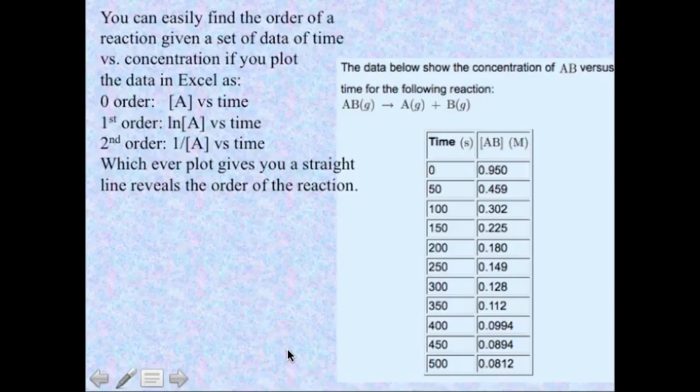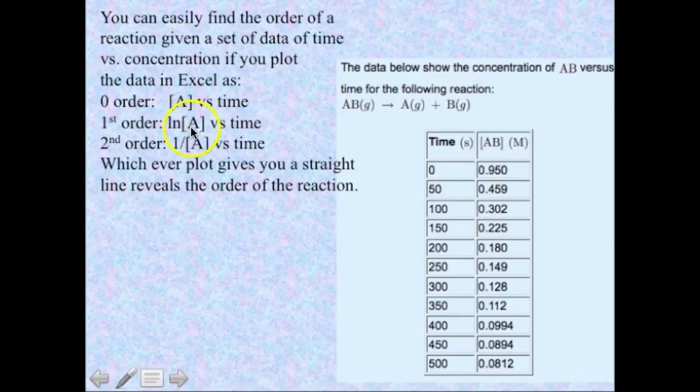You can easily find the order of a reaction given a set of data of time versus concentration if you plot the data in Excel. You would plot it in three ways. First, concentration of A versus time. If you got a straight line with this plot, you'd have a zero-order reaction. Then you would plot the natural log of the concentration of A versus time.